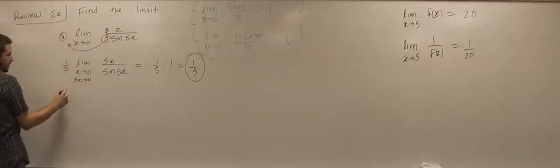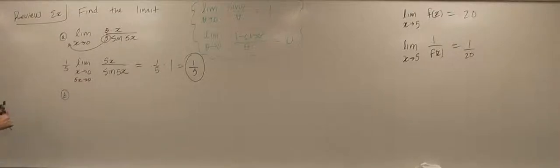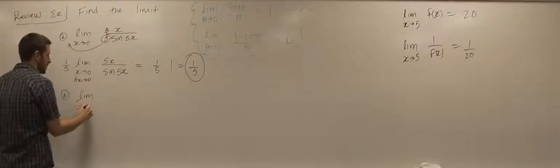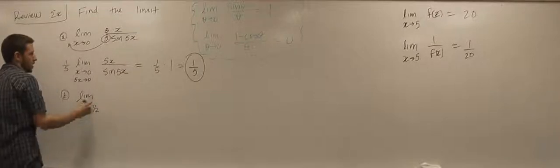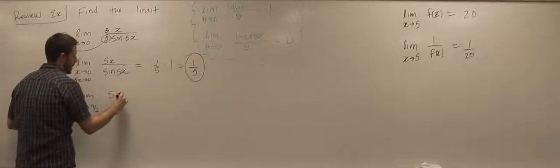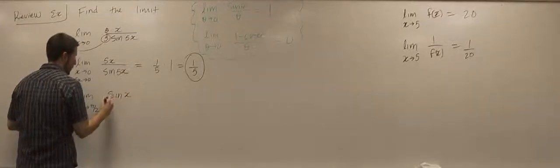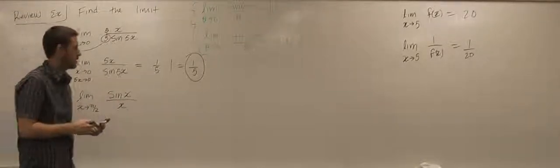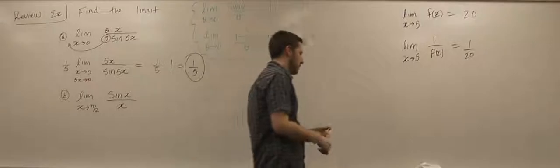I have a couple more just to make sure you get this. What about something like the limit as x goes to pi over 2 of sine x over x? What do you think this should be?